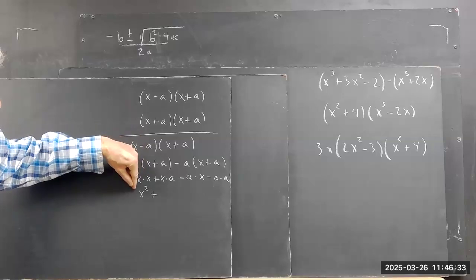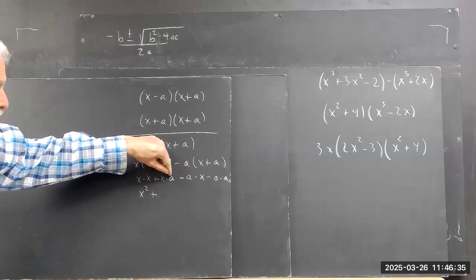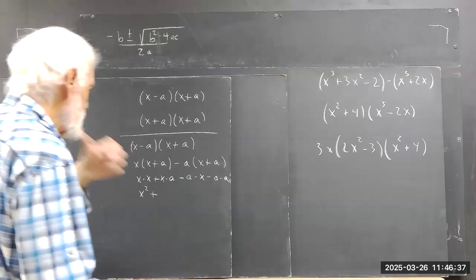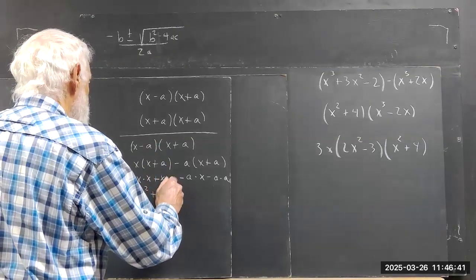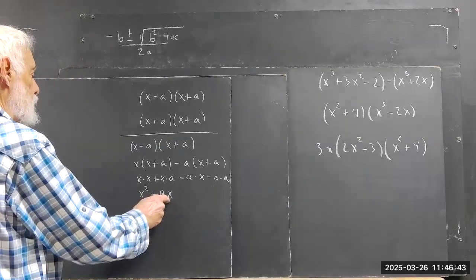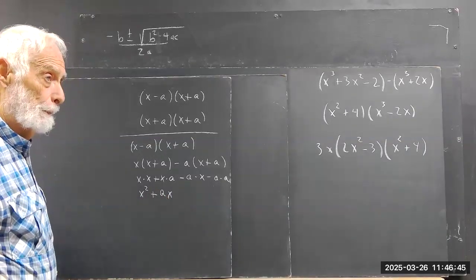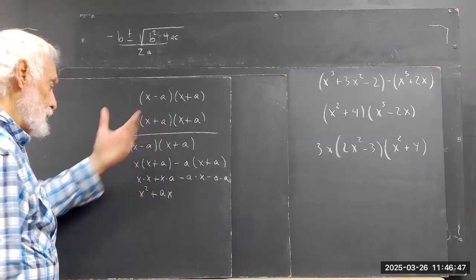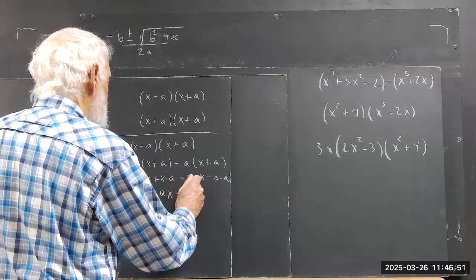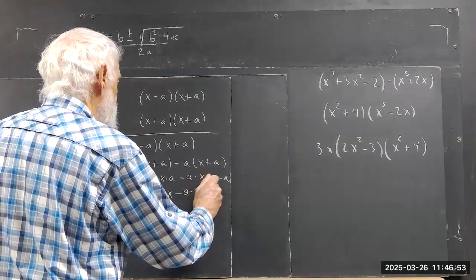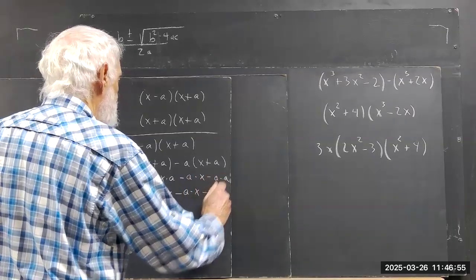Anyhow, x times x is x squared. X times a, I'm going to take the liberty of writing as ax, because we usually write the coefficient in front of the variable, and x times a is the same as a times x. And then it's minus a times x, and then minus a squared.